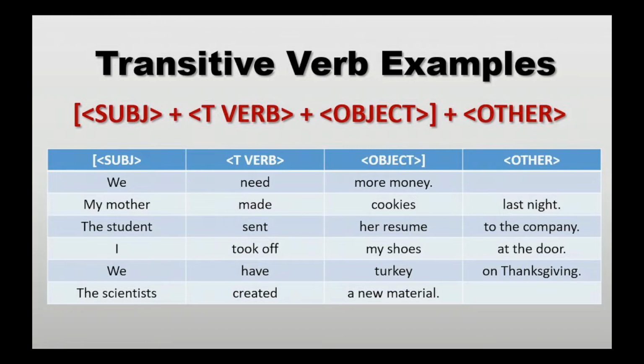Okay, the second sentence, please listen. My mother made cookies last night. Number 3, the student sent her resume to the company. Look at the fourth one. I took off my shoes at the door.